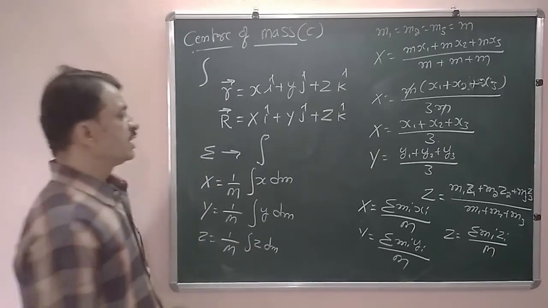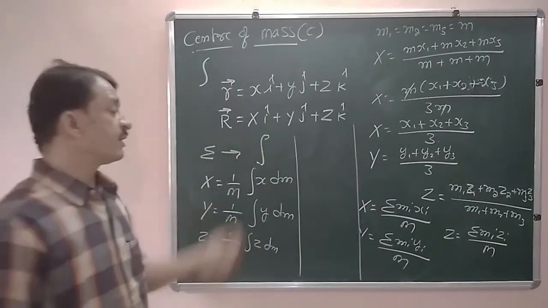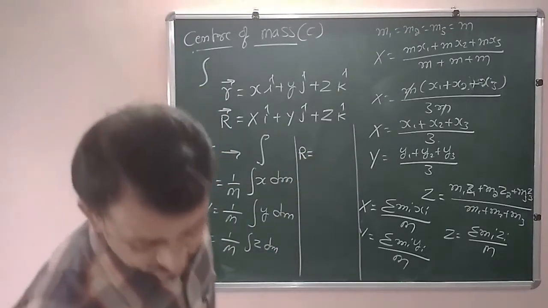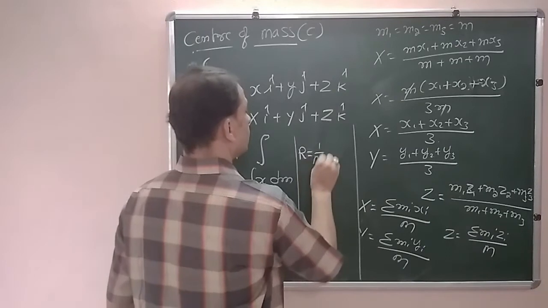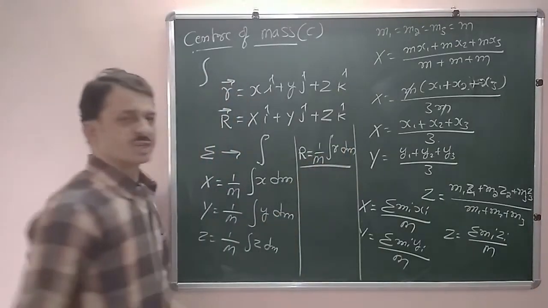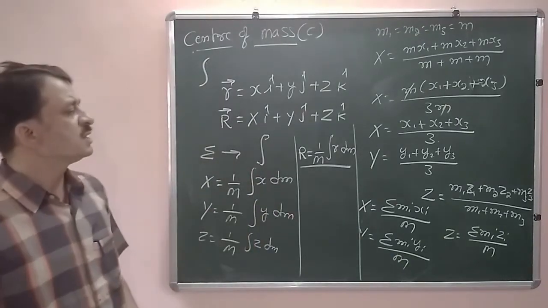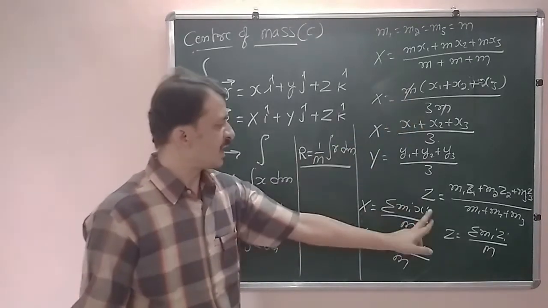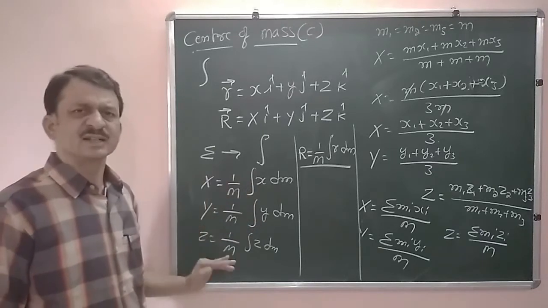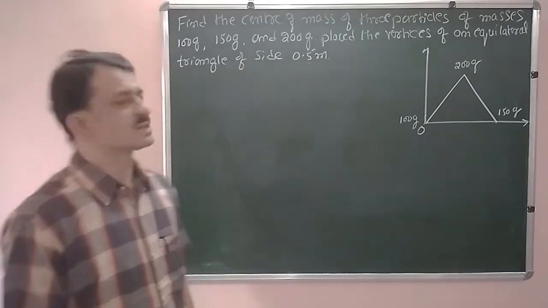And similarly, the position vector r is written as 1 by M integral of r into dm. That means if you have an infinite number of particles, instead of the summation sign we use the integral sign. Now we will work out one problem regarding the center of mass.